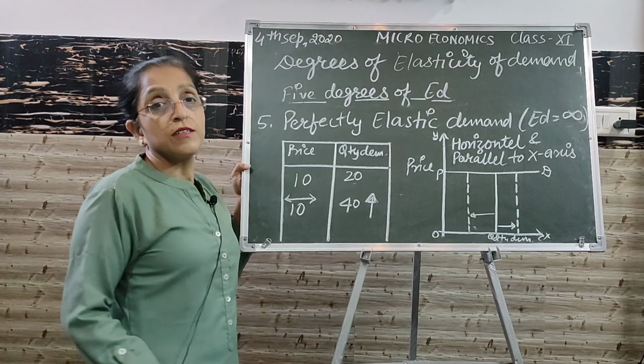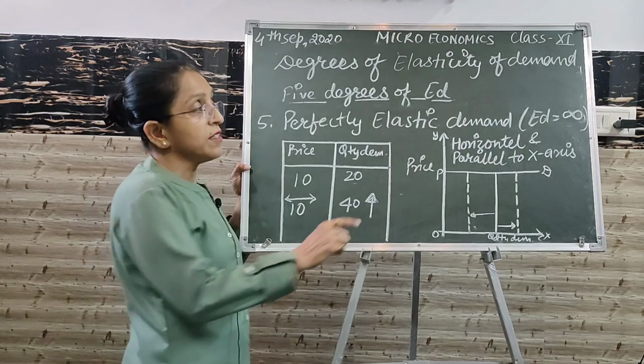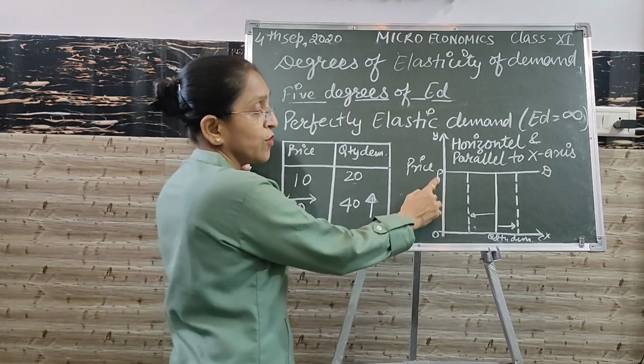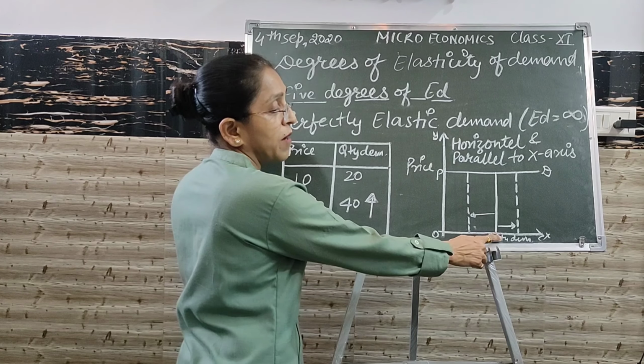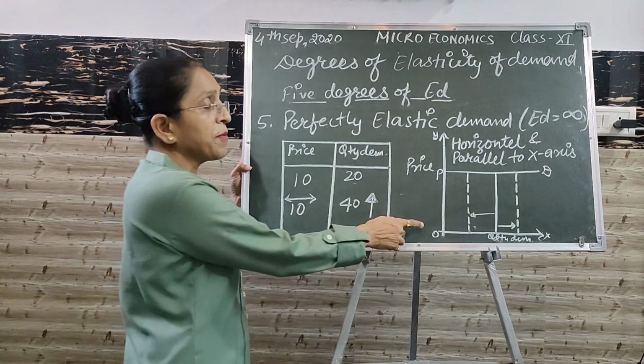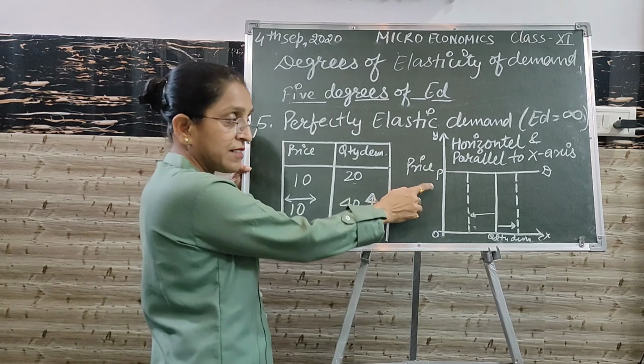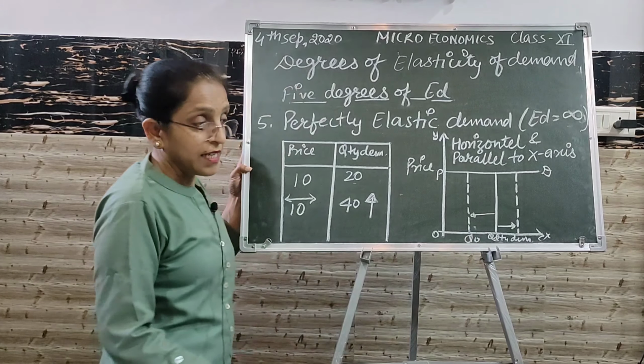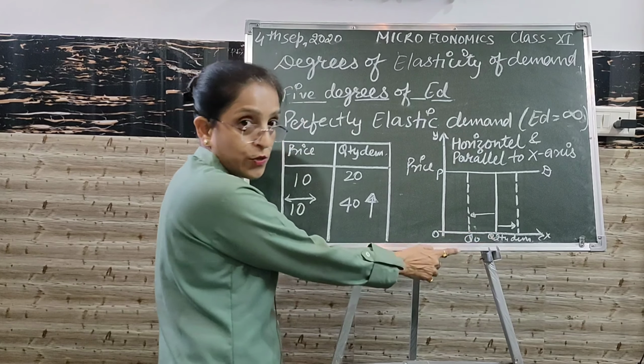In this situation, you will get the demand curve horizontal and parallel to the x-axis. When the price was OP, the consumer was demanding OQ. When the price remains the same, that is OP, the consumer was purchasing less quantity, from OQ to OQ0.